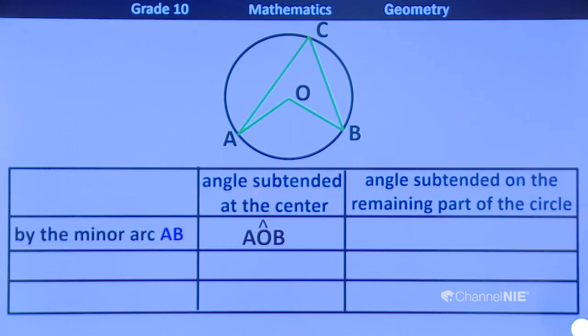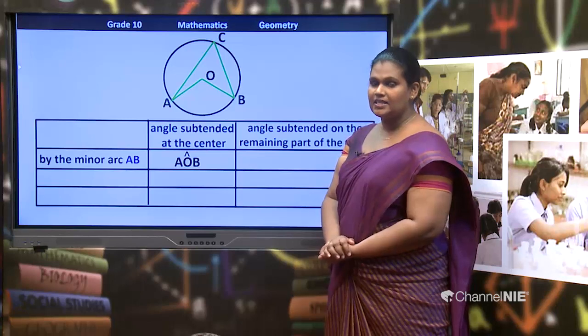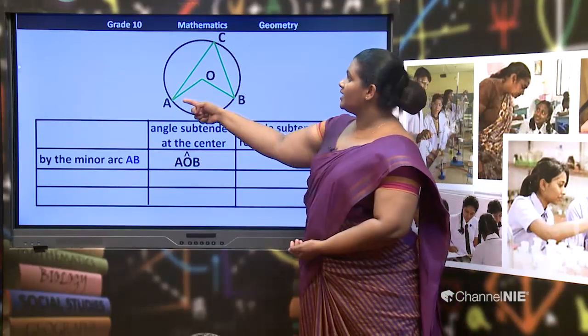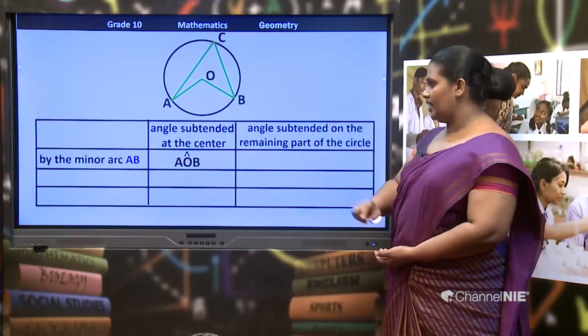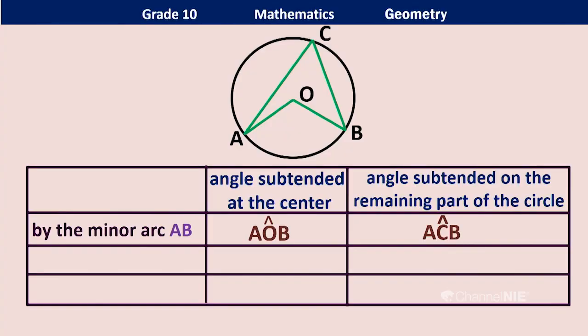Now, what is the angle subtended on the remaining part of the circle? Now, we can see that is ACB angle. So, we can say the angle subtended on the remaining part of the circle by the minor arc AB is angle ACB. Right. We'll move on to the other one.